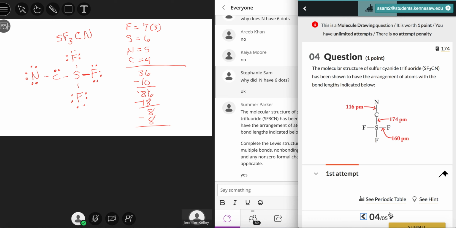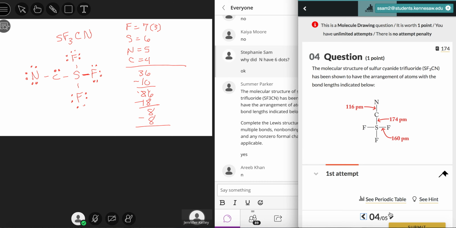Sulfur has an octet. Nitrogen has an octet, but carbon does not. Now, carbon could share by taking lone pairs from sulfur if sulfur had lone pairs, but it doesn't. So the only place we can pull electrons from would be from nitrogen.